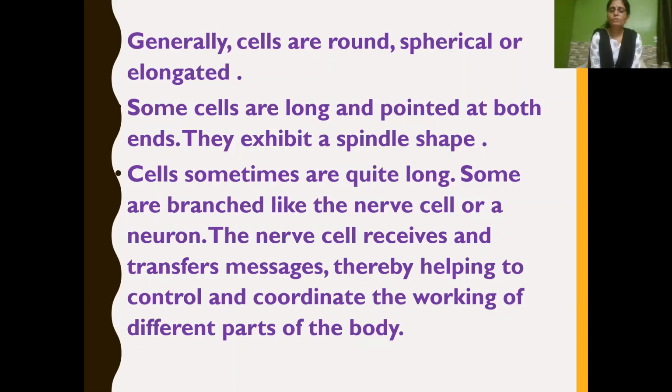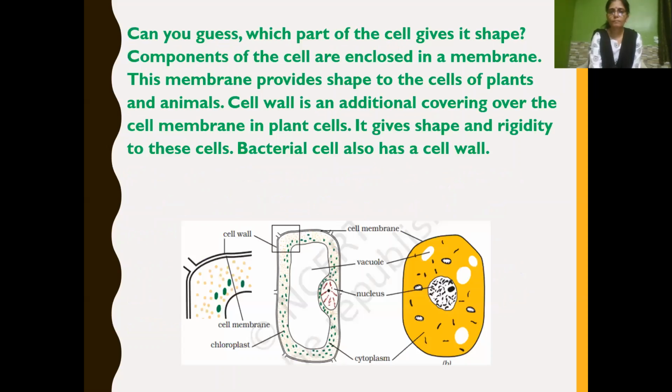That helps to control and coordinate the working of different parts of the body. So for this function, the shape of the nerve cell is very long and branched, because it has to connect various parts of the body, isn't it? So the shape of the cell is related to the function it performs.